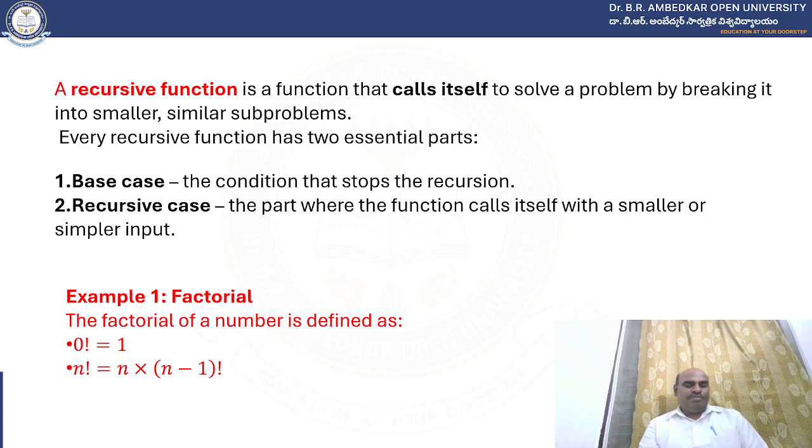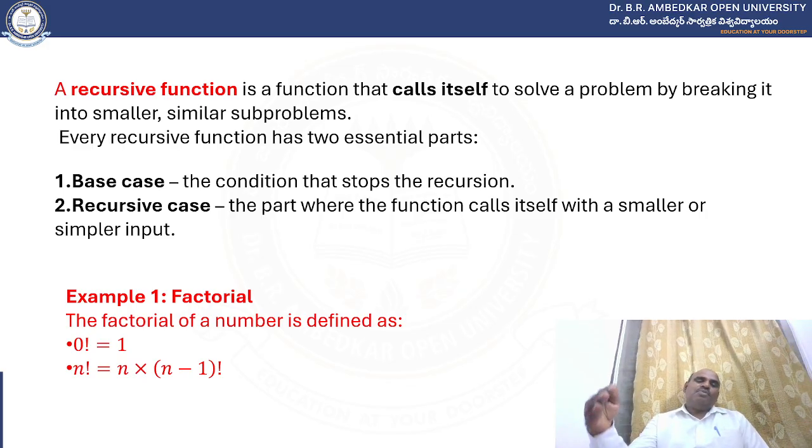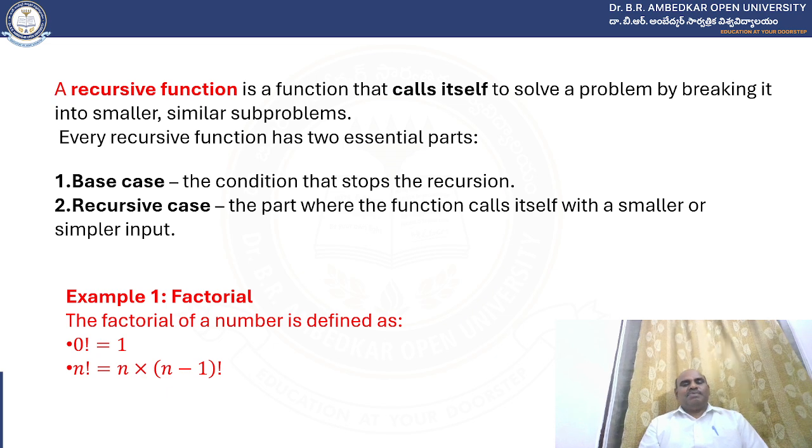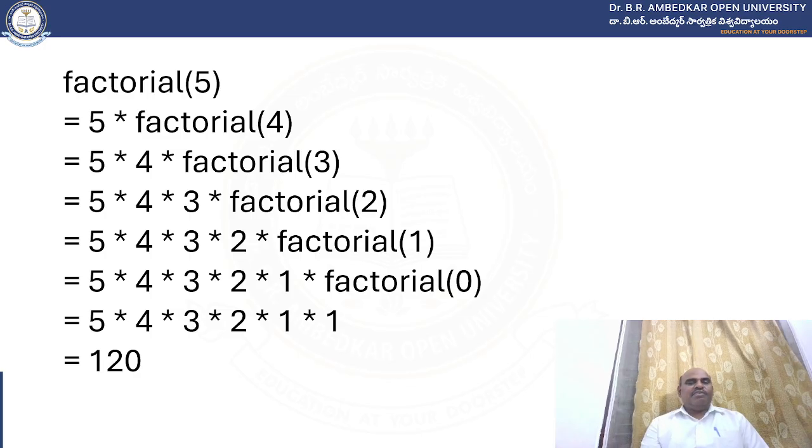Again, 5 into 4 into 3 into 2 factorial. Like this, it goes down to the smaller number. That is called a recursive function. The best example is finding the factorial of a number.